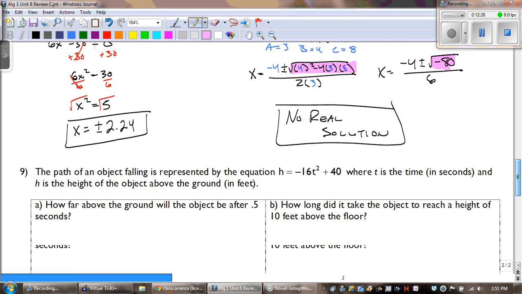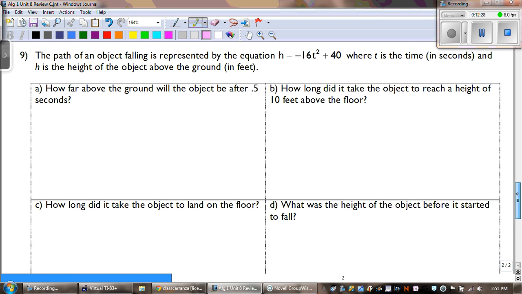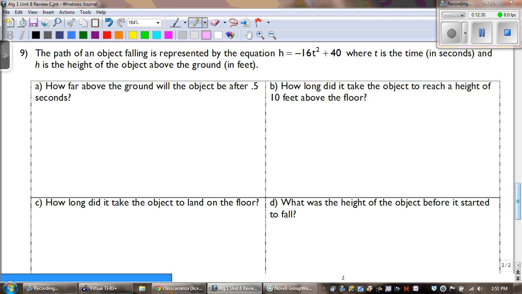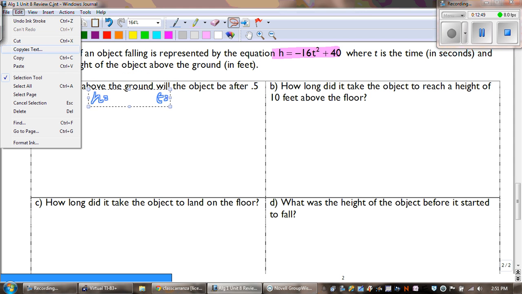Okay. Number 9, it says the path of an object falling is represented by the equation h equals negative 16t squared plus 40, where t is the time in seconds and h is the height of the object above the ground. So the first thing you need to write down for all of these is you're looking for the height or the time.